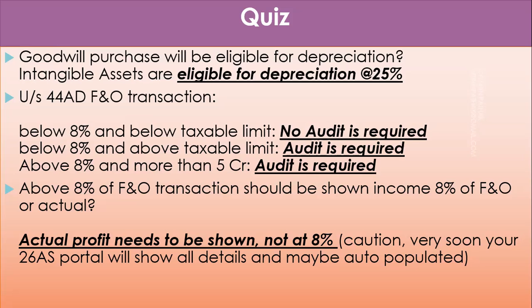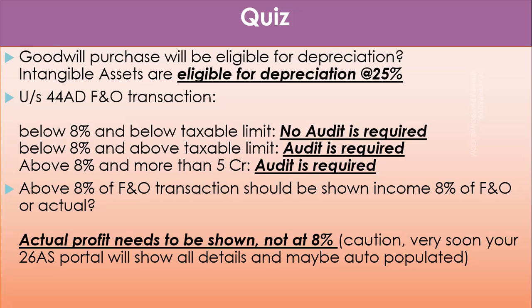Again, if my turnover is 2 crore, income below 8 percent but below the threshold limit, no audit is required. Below 8 percent and above the taxable limit, I need to do audit. Suppose 2 crore is my turnover and my profit is 4 lakh, then I have to get it audited. For FNO or intraday transactions, I have to do audit and give the report.